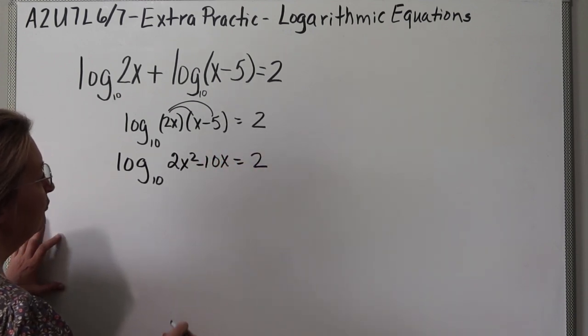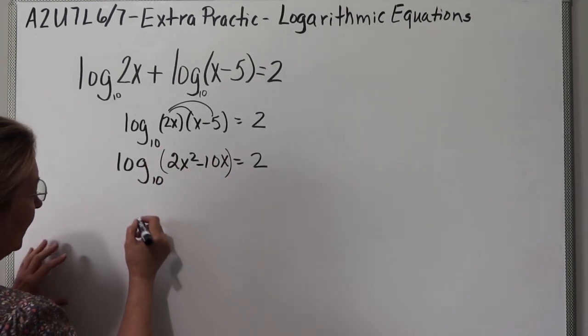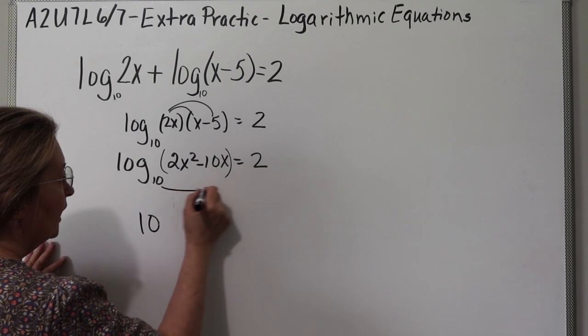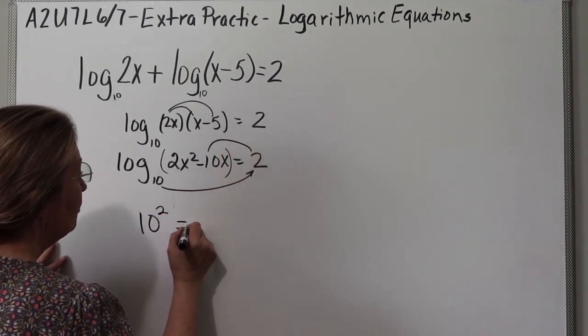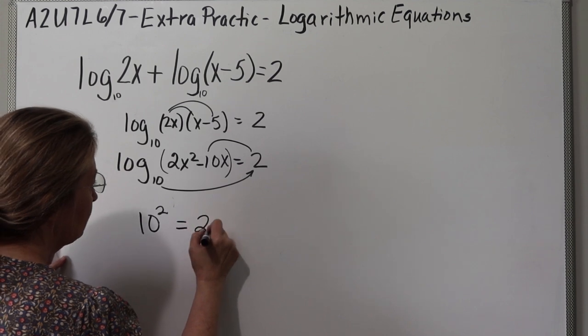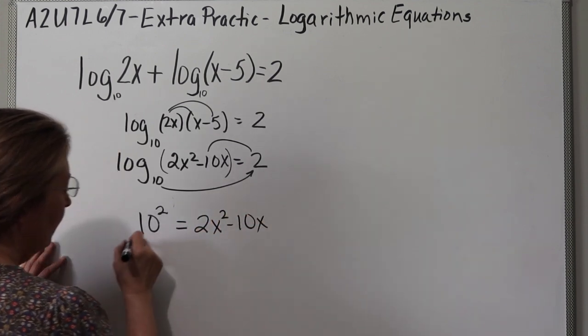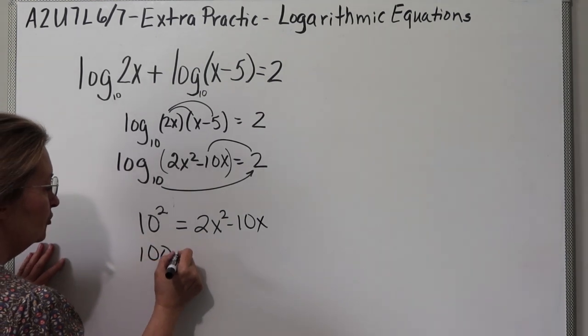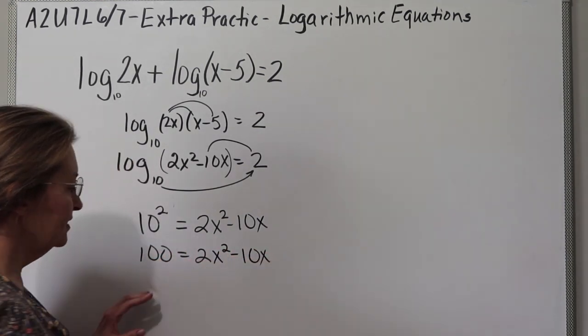Now I'm ready to convert this to exponential. So I'm going to take my base, which is 10. I'm going to come over here and get the exponent, and I'm going to set that equal to the argument, which is what that's called, 2x squared minus 10x. Now 10 squared is 100. So I have 100 equals 2x squared minus 10x.